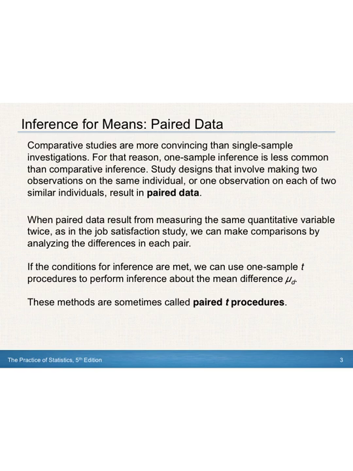So comparative studies are more convincing than single sample investigations. And comparative studies include looking at two observations on the same individual or one observation of two very similar individuals, and that's called paired data. For example, we talked about a parking lot survey earlier in this unit.